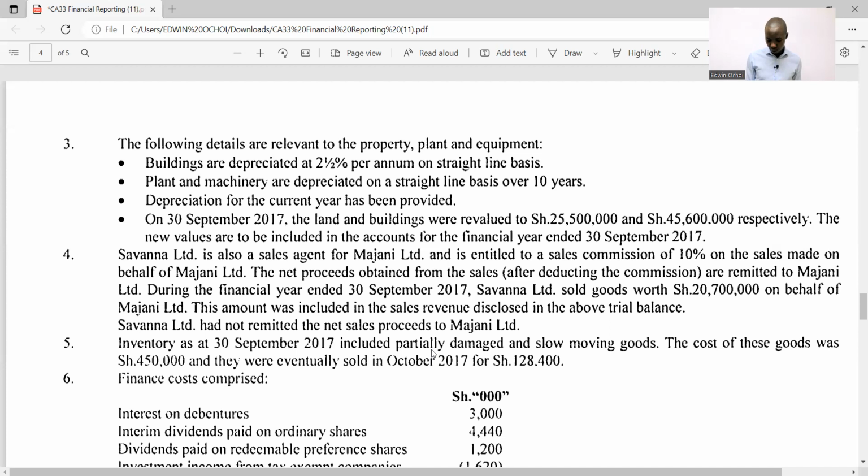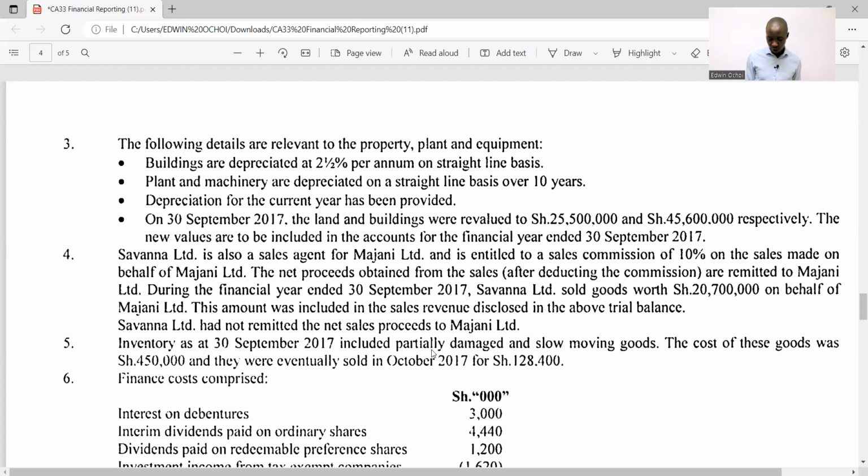Which standard do we use to account for inventory? We use IAS 2, which says the lower of cost and net realizable value. That is correct. So the inventory is measured at the lower of cost and the net realizable value.